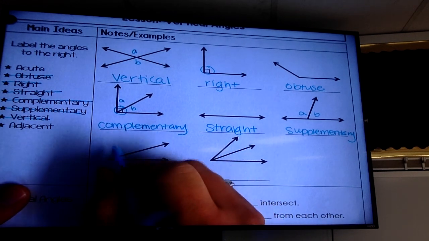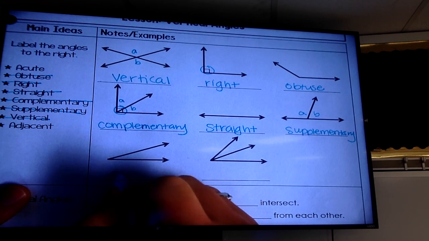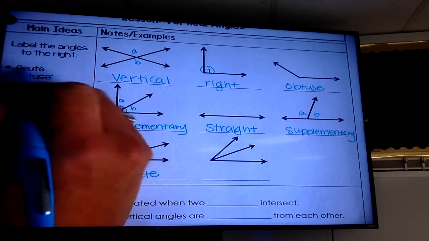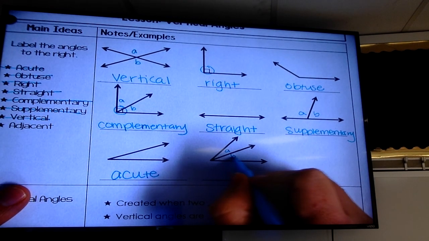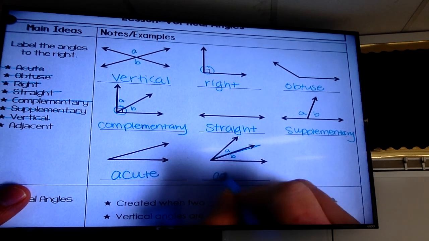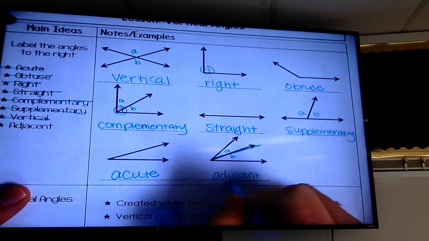Here is an angle that is less than 90 degrees, but greater than 0 degrees. So we would call this an acute angle. And then finally, I have angles that are right next to each other that share a common ray, and we call those adjacent angles. Adjacent.